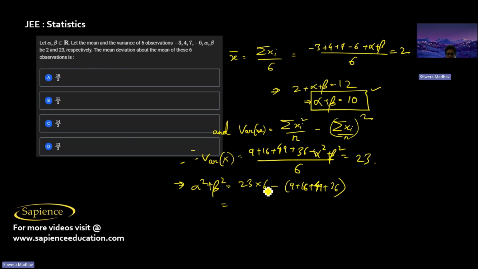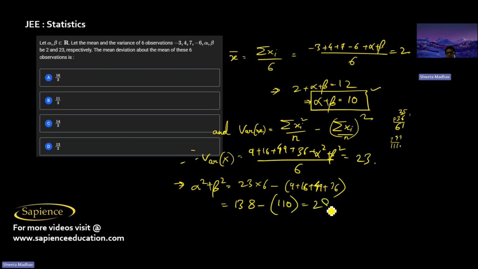This is 138 minus, then 16 plus 9 is 25, 25 plus 36 is 61, 61 plus 49 is 110.